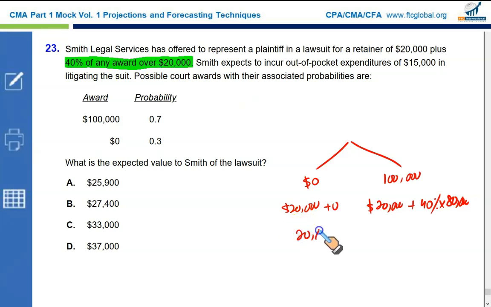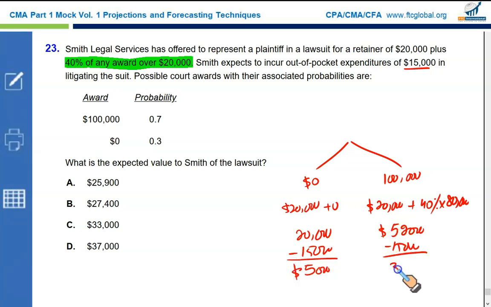So it's going to be 20,000 in this case and $52,000 in this case. Don't forget, Smith expects to incur out-of-pocket expenditure of $15,000. So if this is the case, less $15,000 means you get a net payoff of $5,000. And in this case, if you deduct $15,000, you get a total of $37,000.